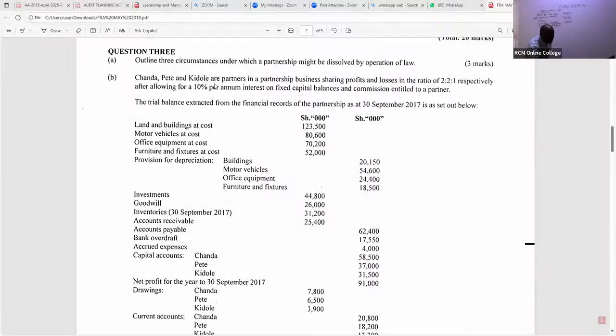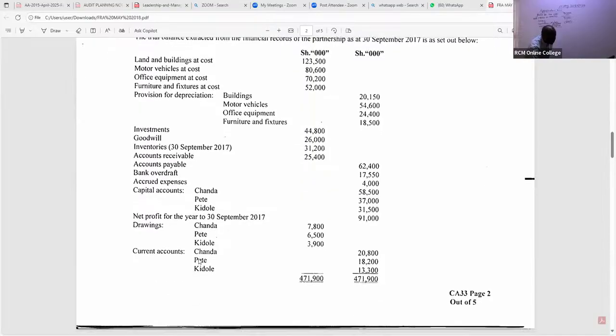You can see, ladies and gentlemen, the interest is 10% per annum on fixed capital balances. So each one of them will be getting 10%. When you come to capital accounts, we have Chanda 58,500. You can either aggregate them or you do them separately. So Chanda is getting 10% of 58,500.